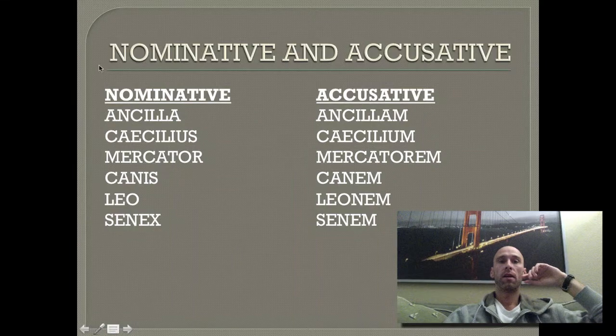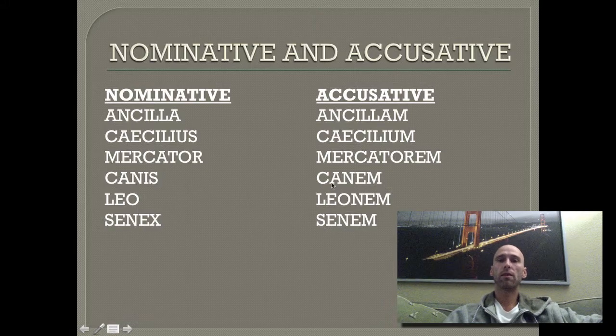The nominative form either ends in A, US, R, IS, O, or X. And then more simply, the accusative of those ends in M. And if you notice, Ancilla goes to Ancillam, Caecilius goes to Caecilium, Mercator to Mercatorem, Canis to Canem, Leo to Leonem, and Senex to Senem.